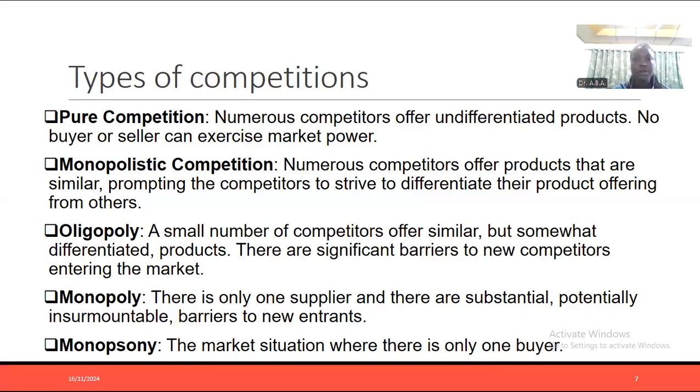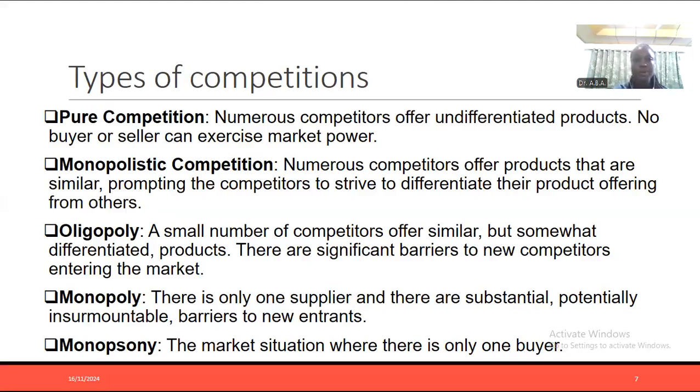So several competitors offering undifferentiated products. So in this case, no buyer or seller can exercise market power. Everybody is competing.